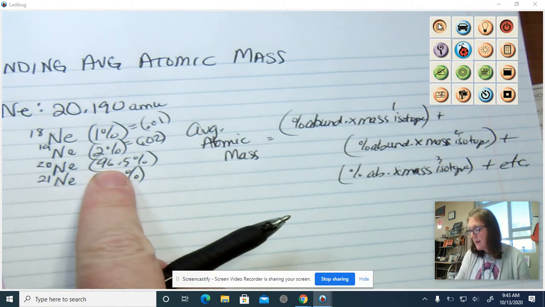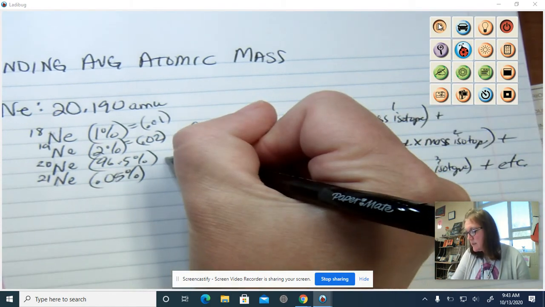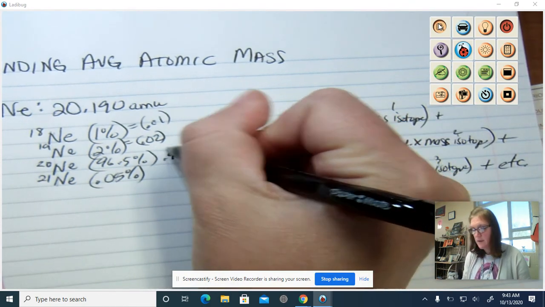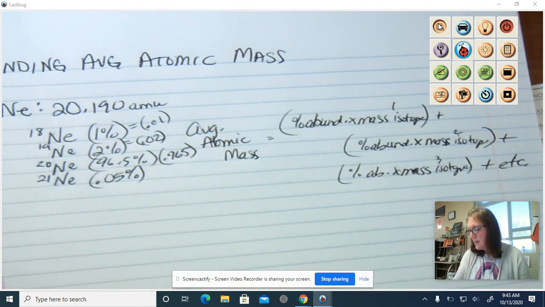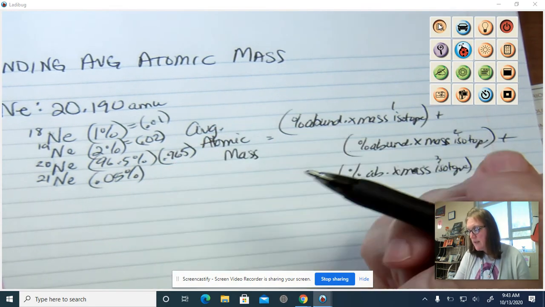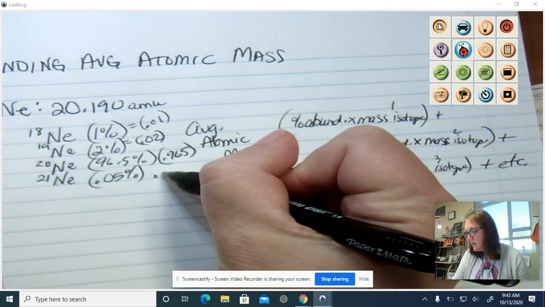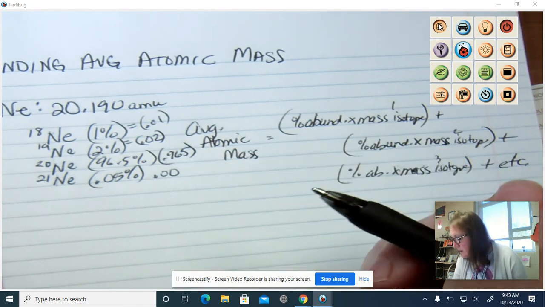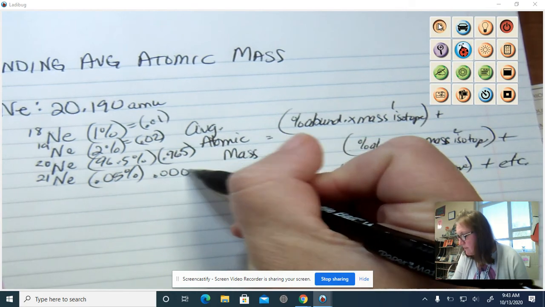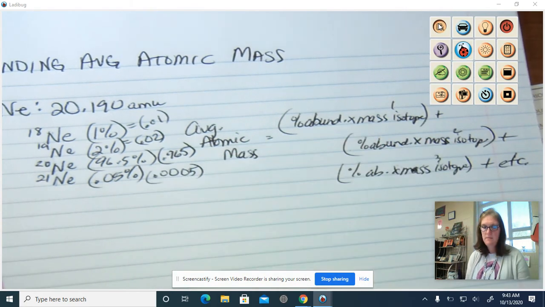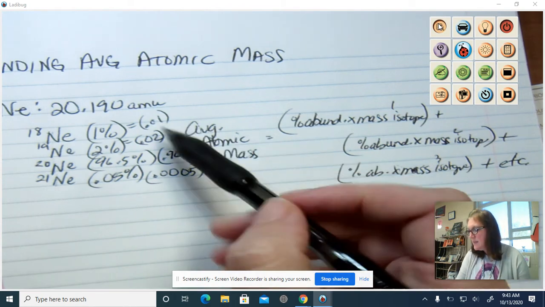That one, if I move the decimal back 2 places, it's 0.965. Then that one, I'm going to move the decimal place back 2 places, so it's 0.0005. Okay, just like that.